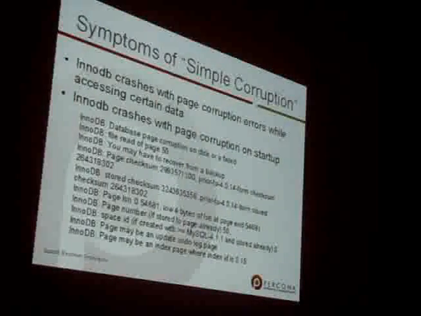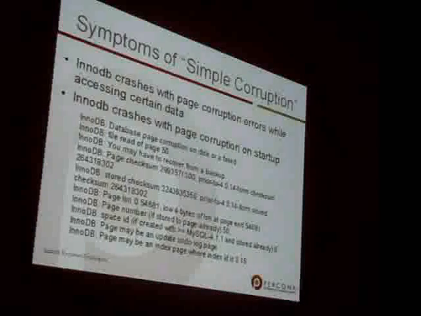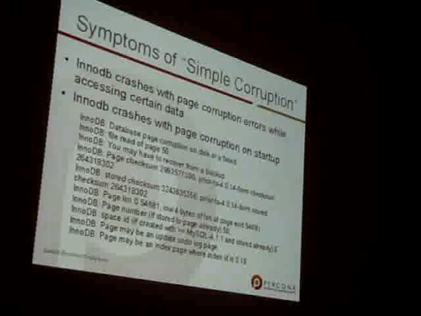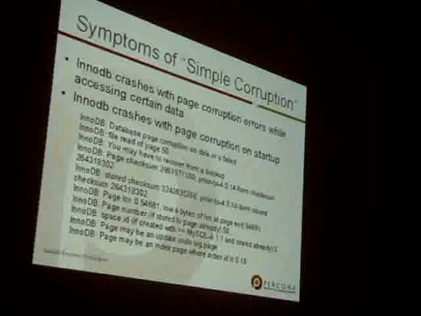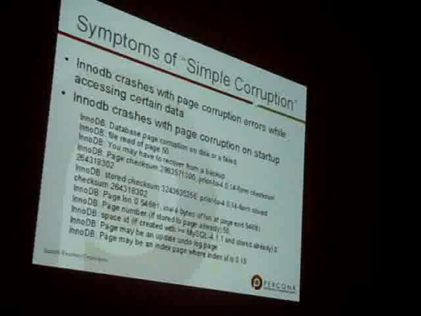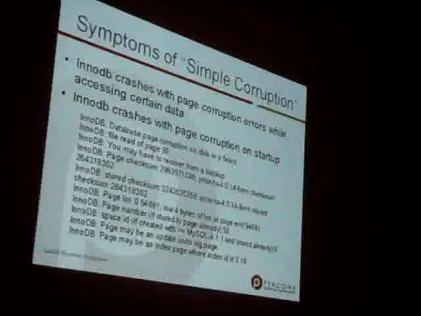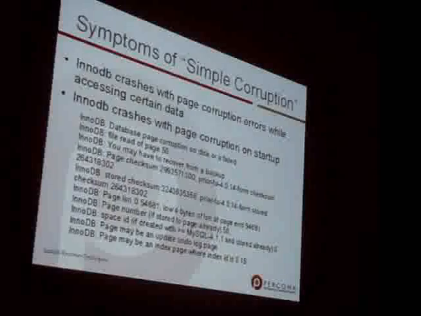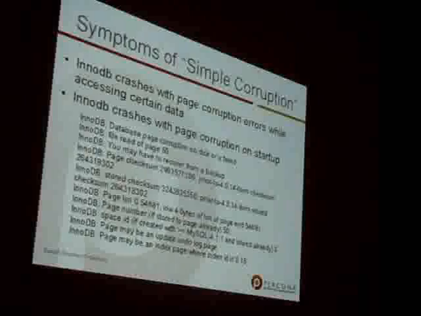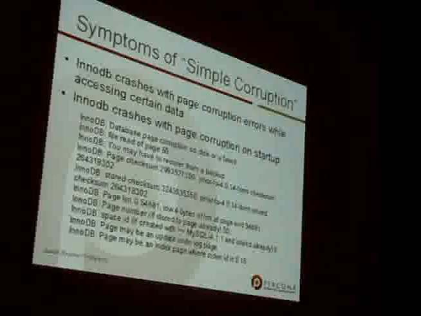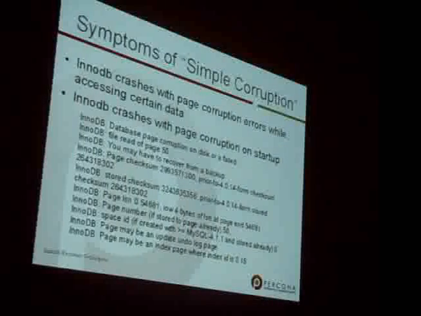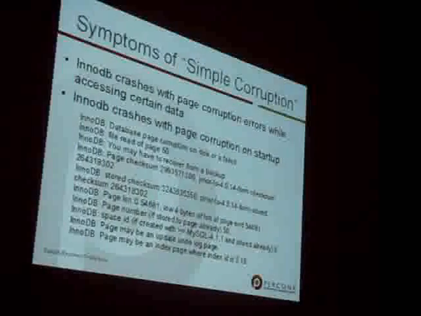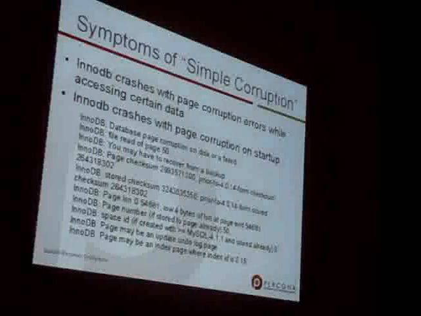It tells us that it could be an undo log page, and an undo log page being bad is serious because that's kind of system space which can get corrupted, or it could be corruption of some secondary index with a certain ID number which is specified here, right? In some other cases, InnoDB can tell you more details, like that the page belongs to primary or index name XYZ from a certain table, which can be very helpful to see how you can troubleshoot the data, and we'll look at that later.